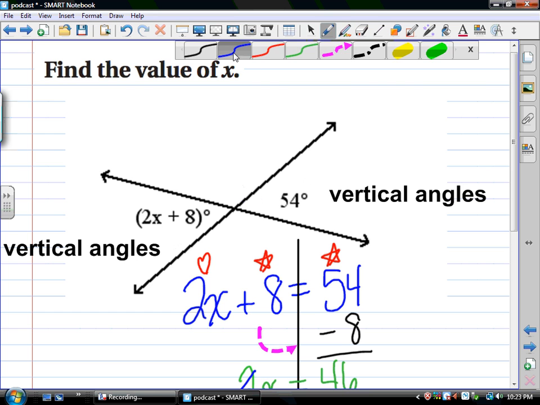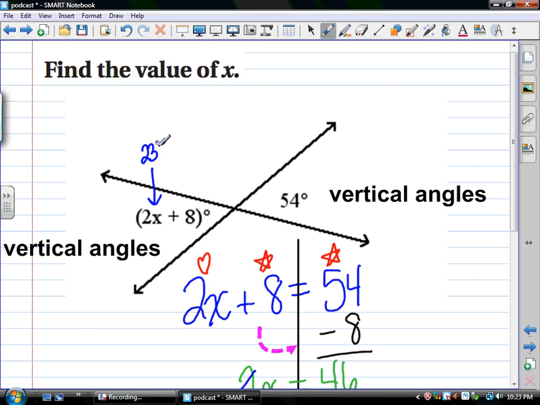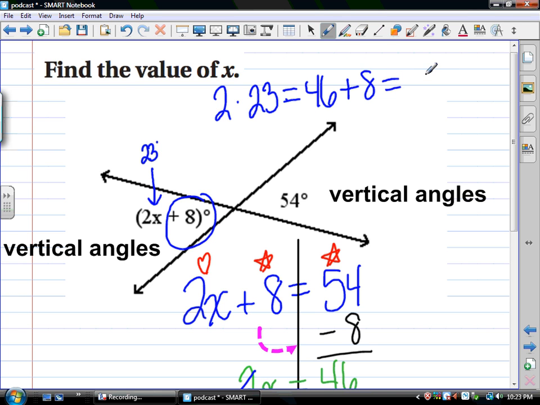Plug and chug. 23 degrees for x. So I have 2 times 23 degrees, which would give me 46. I'm going to add 8 to 46. When I do that, it gives me 54. Bada bing, bada boom. They match, and you got yourself 10. Good job.